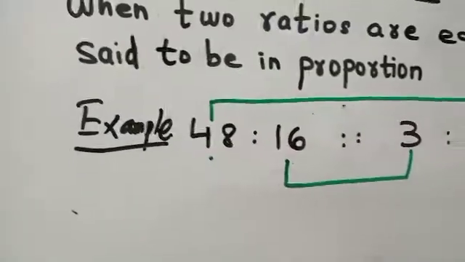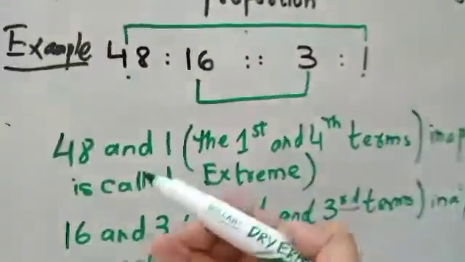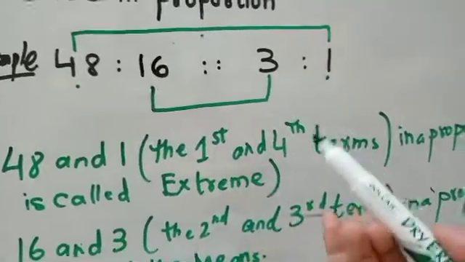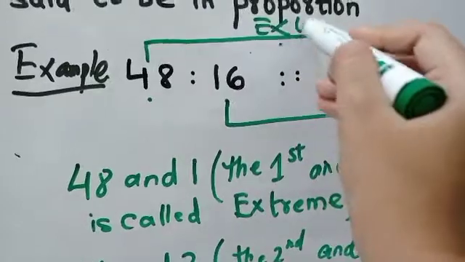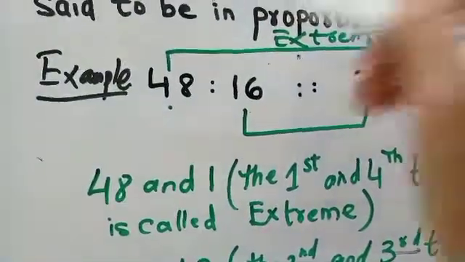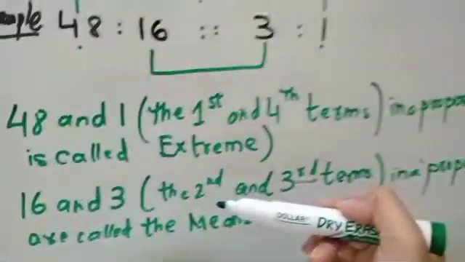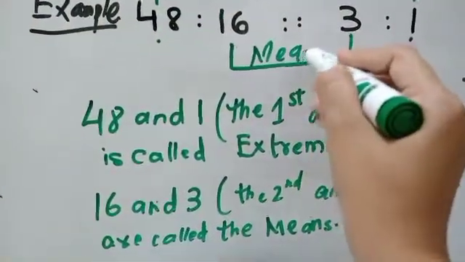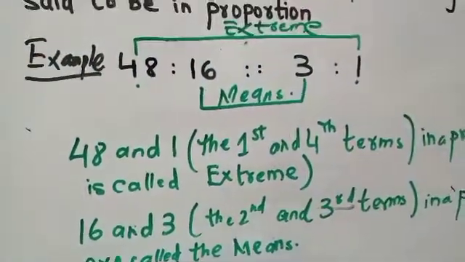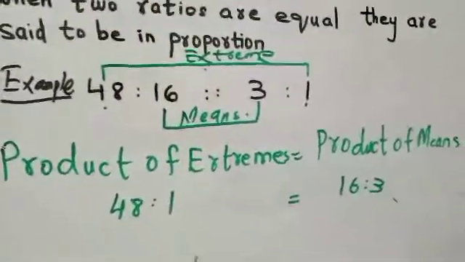Now I am writing the formula. 48 and 1, this is the first term and the fourth term in a proportion. They are called extremes. And the second term and third term, which are again in a proportion, are known as means. That's how we write down the formula.